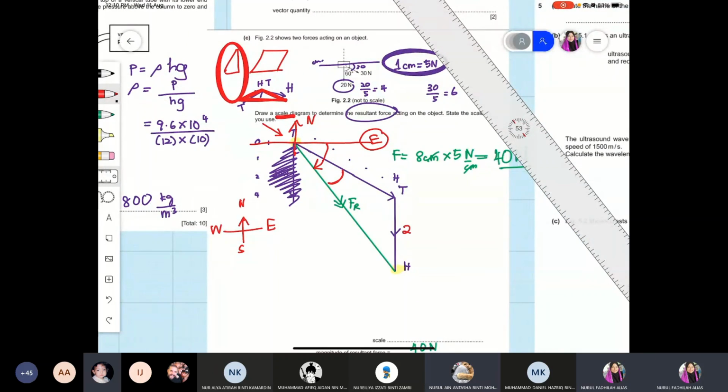The one downwards. The one at the bottom. So your angle is this one, not the earlier one. So what's the angle here?